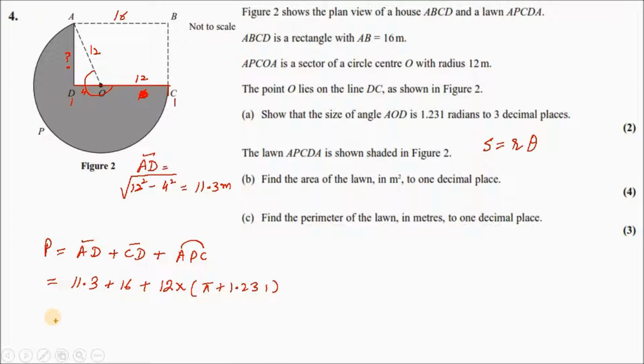If you solve this, the perimeter would be equal to 79.78, and rounded off to one decimal place, 79.8 meters. That's how you can find the perimeter.